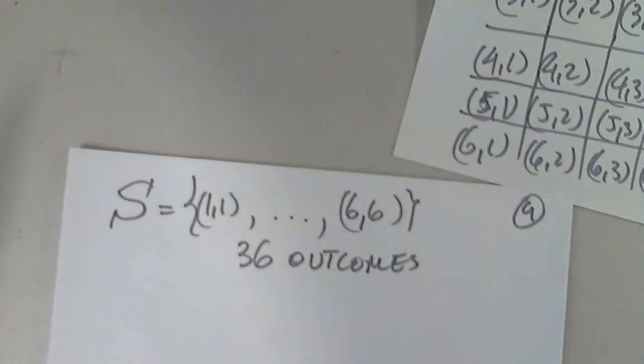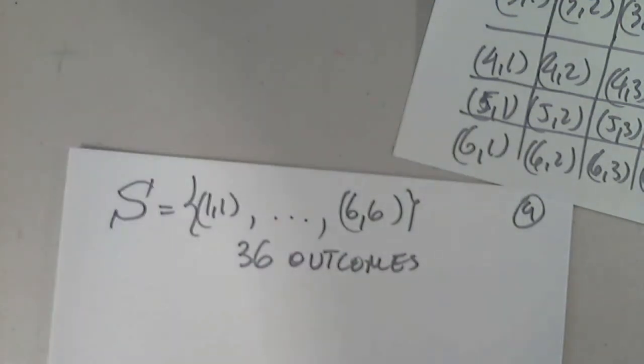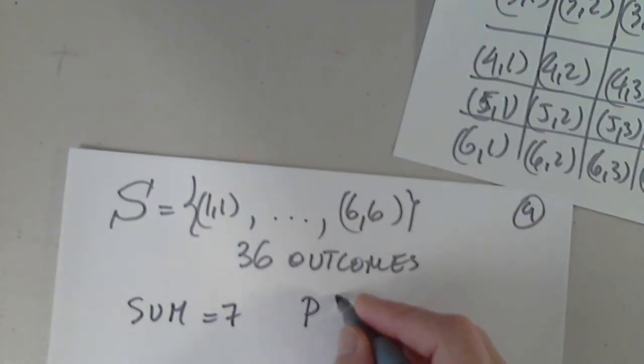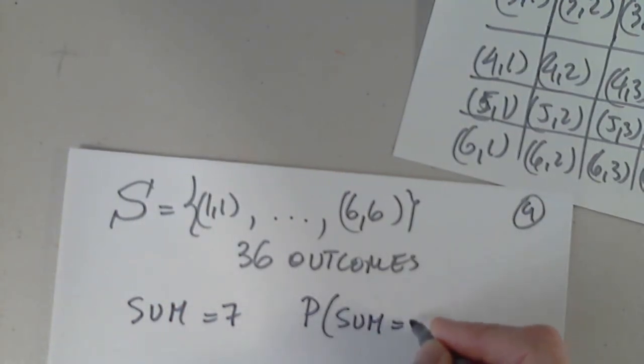Okay, first question. Compute the probability of rolling a 7. There is no such thing as 7, but this should be explained as the sum. So, the probability of getting a sum of 7.